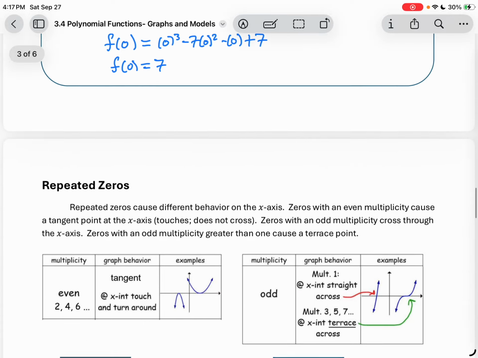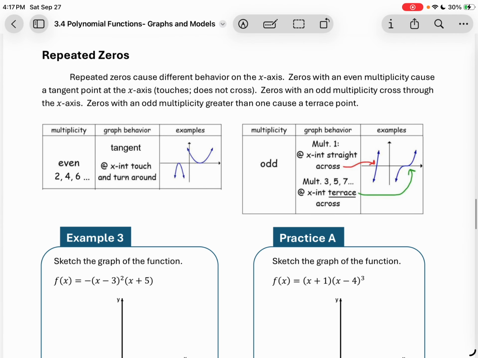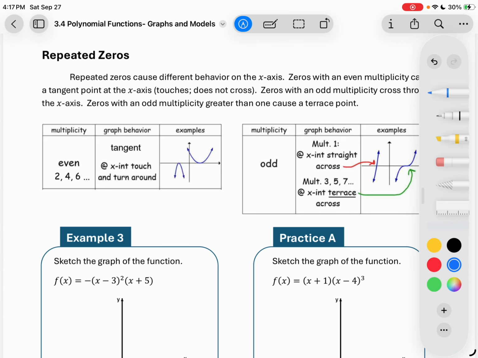Another thing to be aware of are repeated zeros. So zeros that come up more than once. If a zero is repeated an even number of times, we say it has even multiplicity.